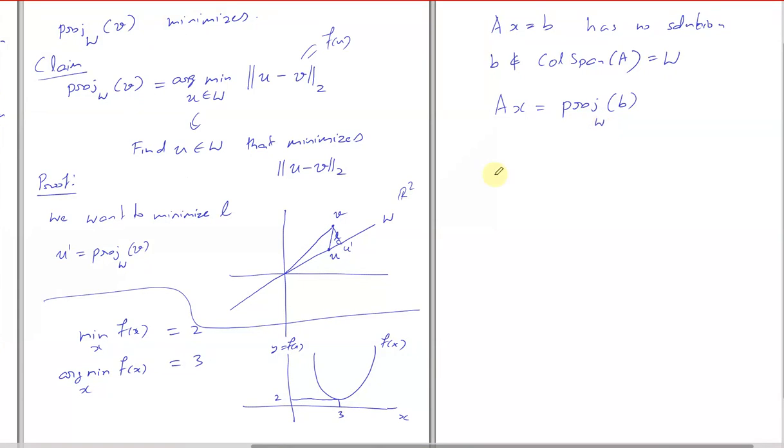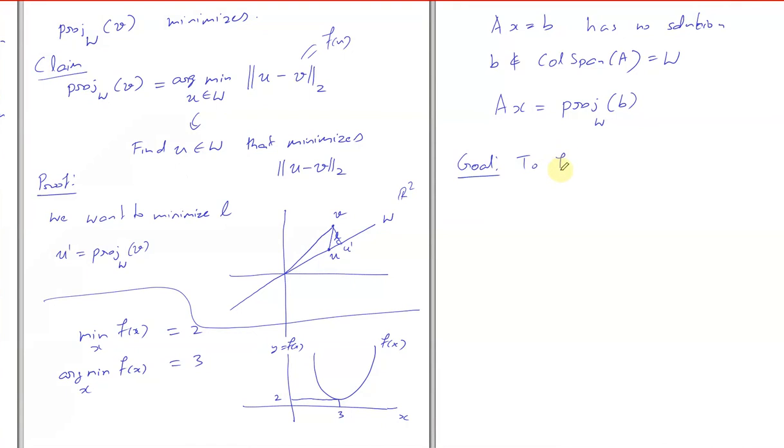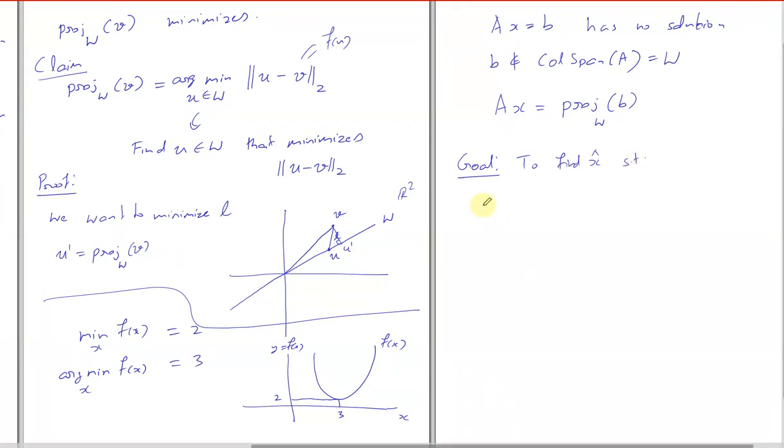Remember, we want to minimize. The goal is to find x hat such that the norm of Ax hat minus B is minimized.